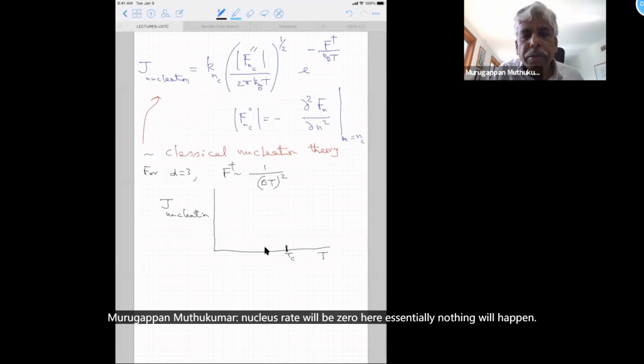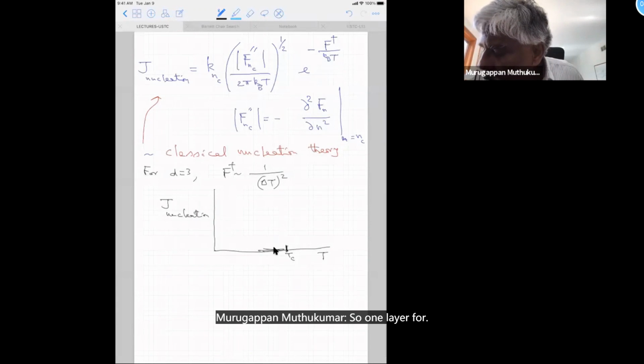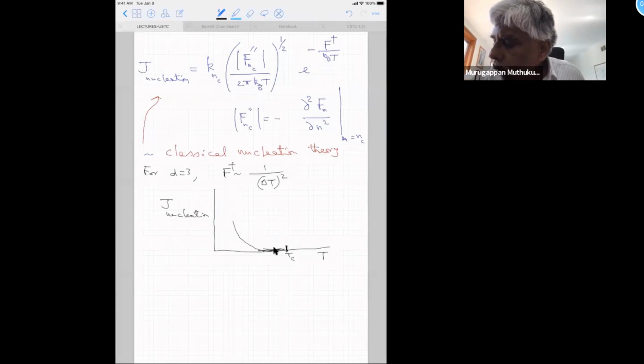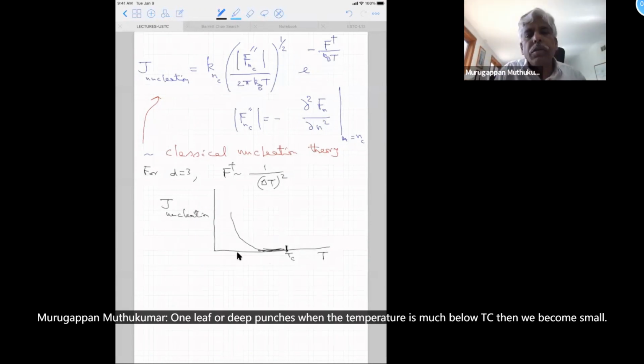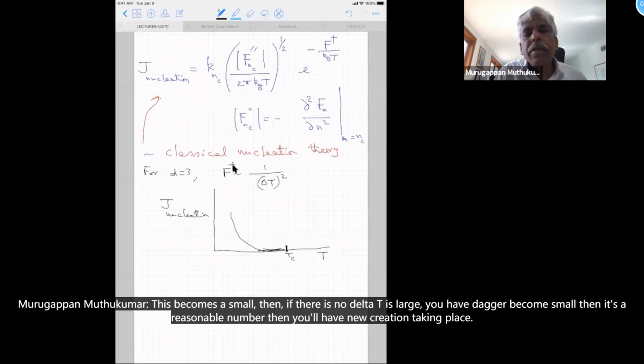Essentially, nothing will happen because F dagger becomes very large and e to the minus large number goes to 0. So nothing will happen here. Right. So only for deep quenches, when the temperature is much below T_C, then it becomes small. When delta T is large, F dagger becomes small, then it's a reasonable number. Then you'll have nucleation taking place.